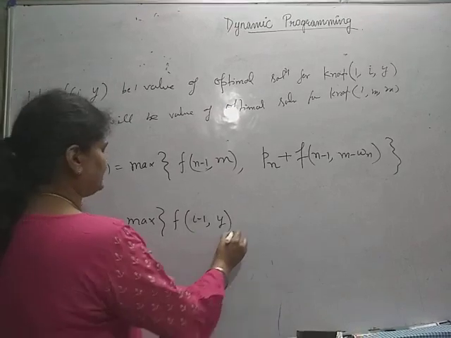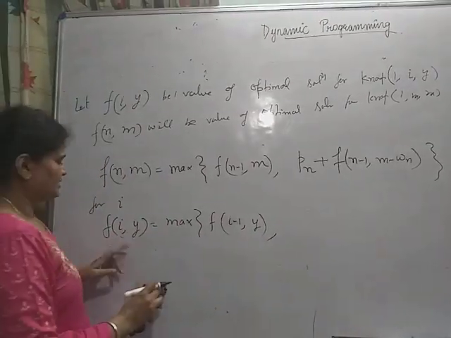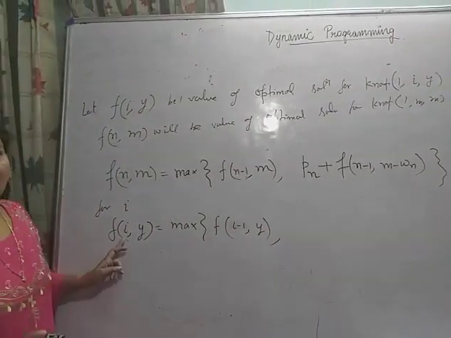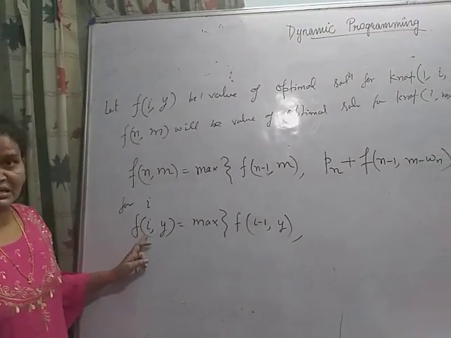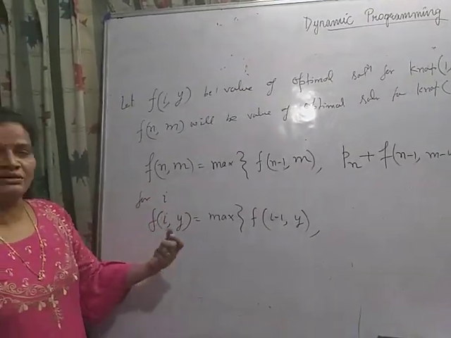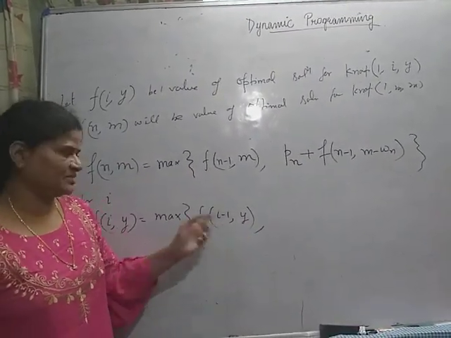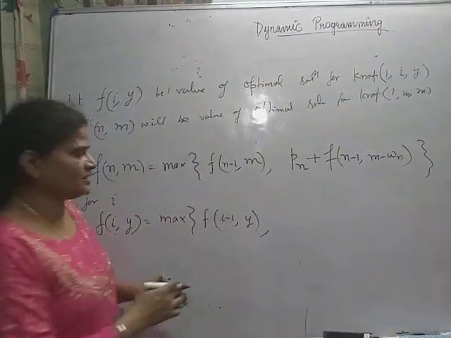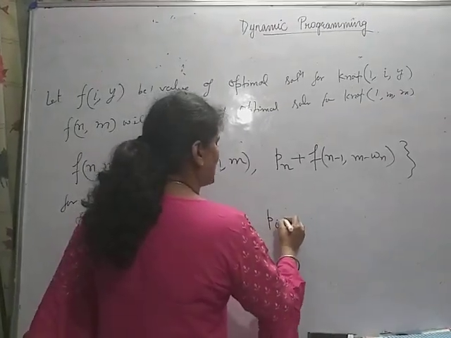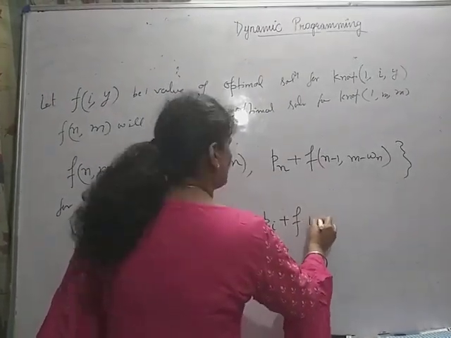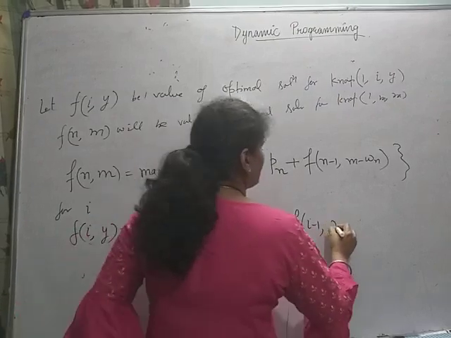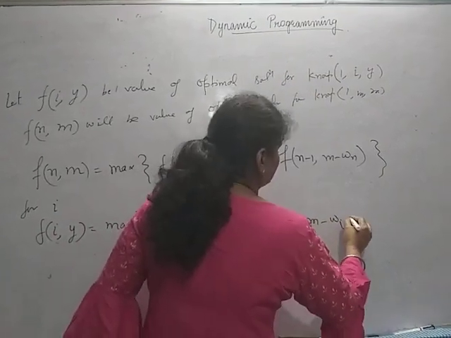This is the case when the ith object is excluded, so the value will be the previous decision sequence. If the ith object is included, then the profit pi plus Fi minus 1 of m minus wi.